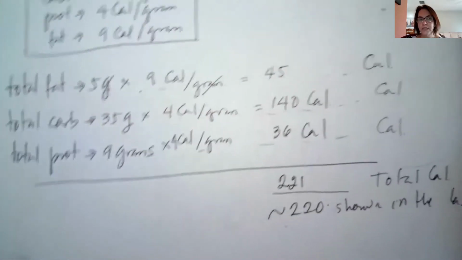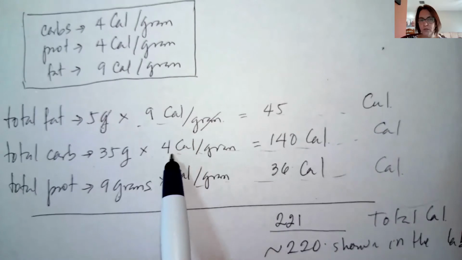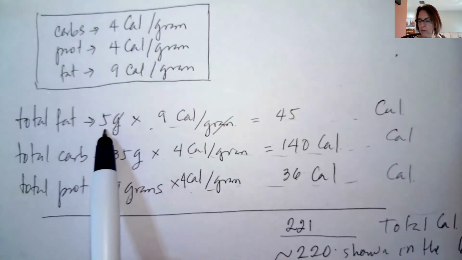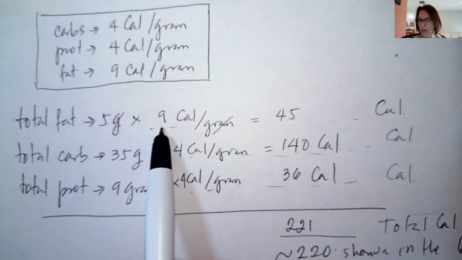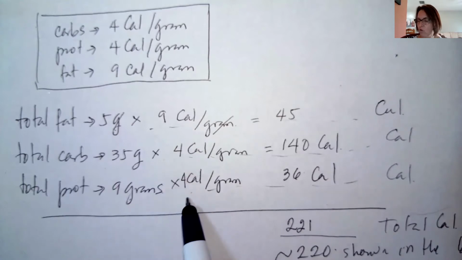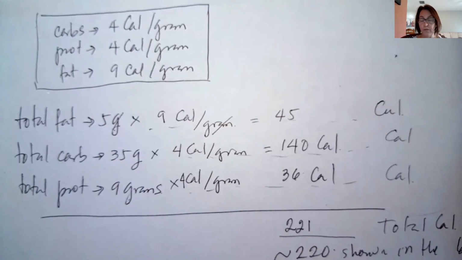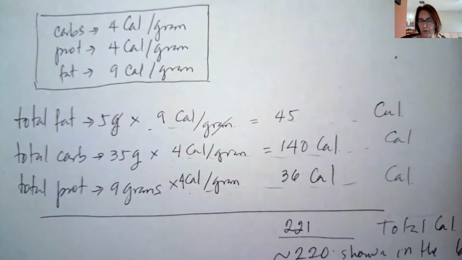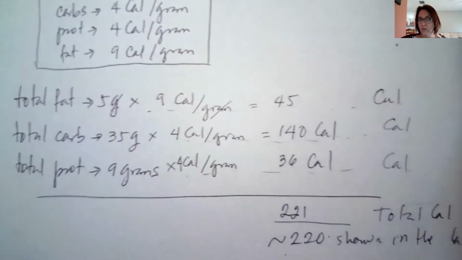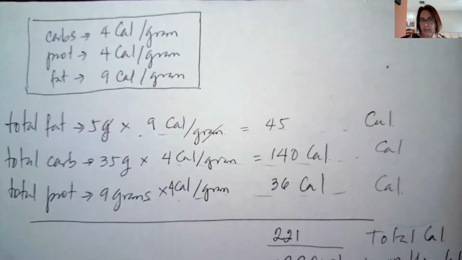So this is always the way we can use this as a formula. Whatever the amount of grams is, you multiply by 9 in the case of fats, and by 4 in the case of proteins and carbs, to find the total calories. And this was just this example.